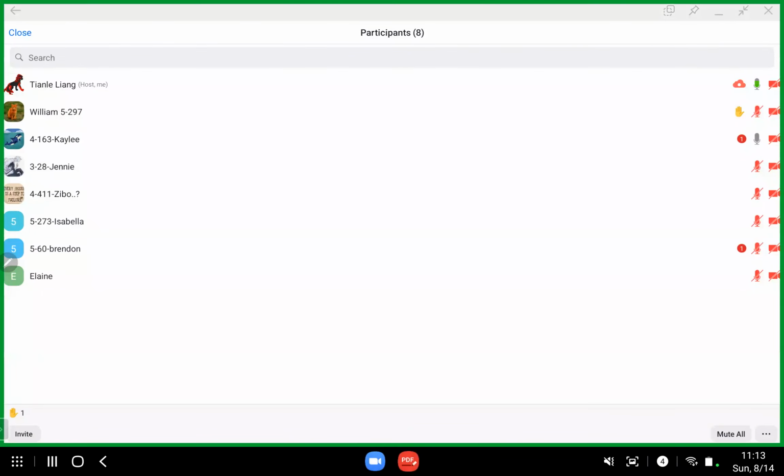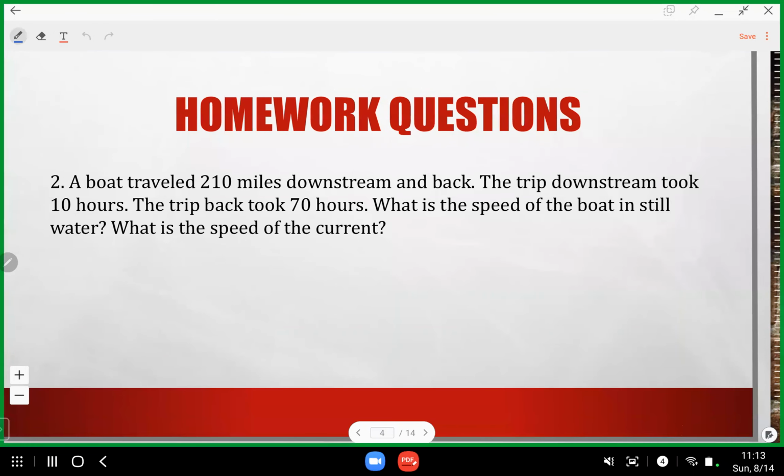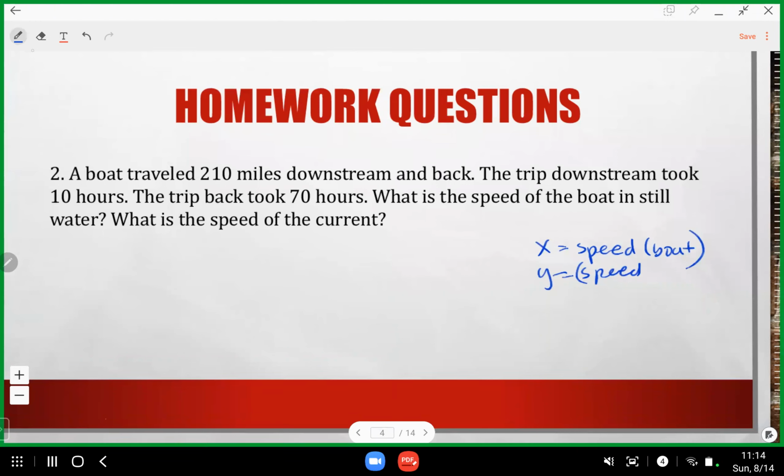Okay. My x is the speed of the boat, and my y is the speed of the current. And what I did first is I converted the hours into miles per hour.